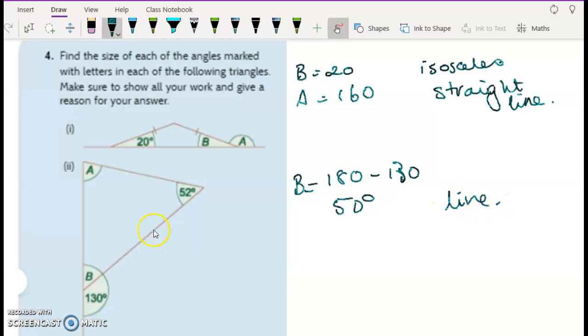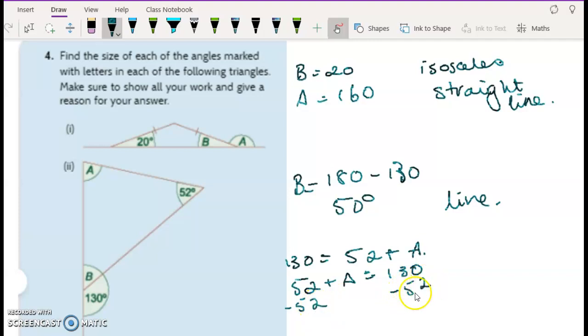And then if I want to get A, well, I can add those up and take it away from 180, or I can say that 130 is equal to 52 plus A. Take 52 from both sides, and I get A equals 130 minus 52 gives me 78 degrees.